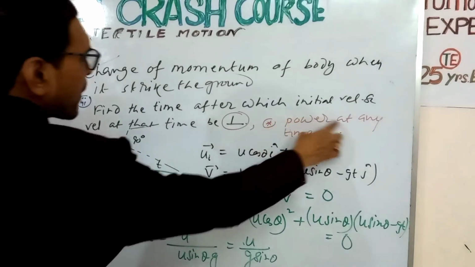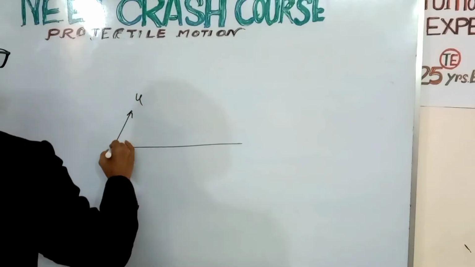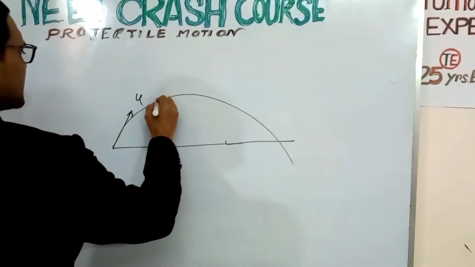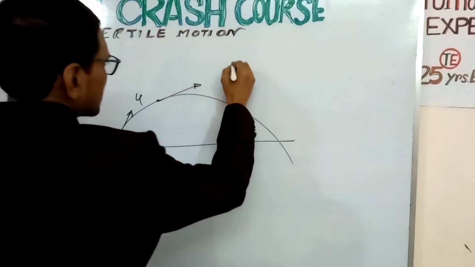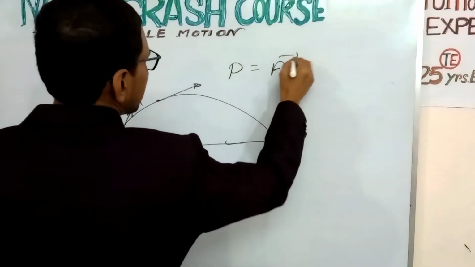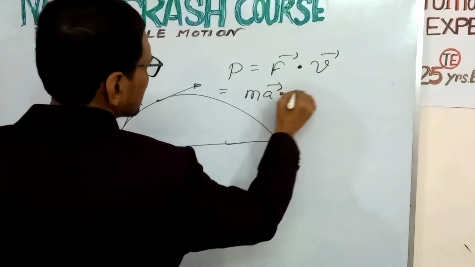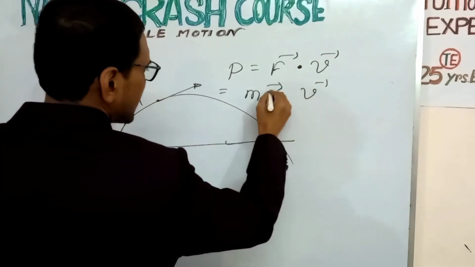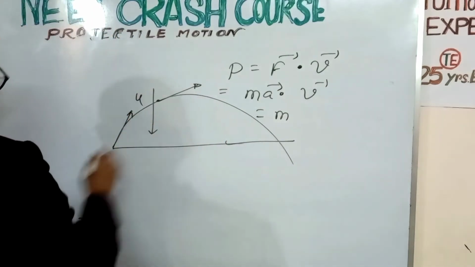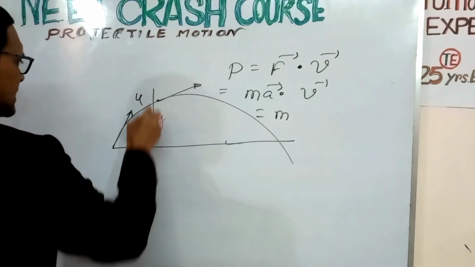Now next question, what is the power at any time t? Suppose velocity u. Here we have to apply power equal to F dot v, F equal to ma, dot v. Now m into a, acceleration is always in this direction, acceleration is g along this direction.